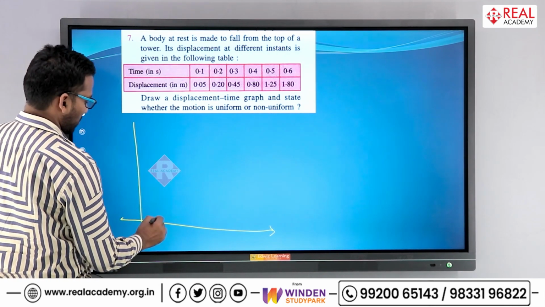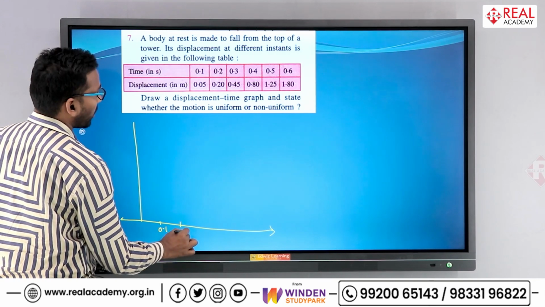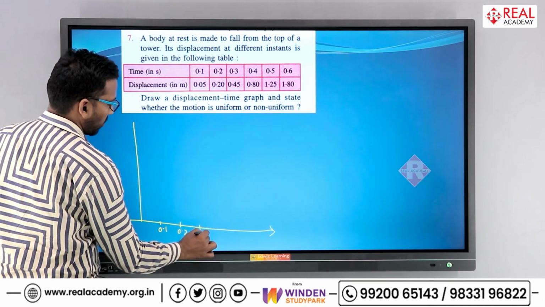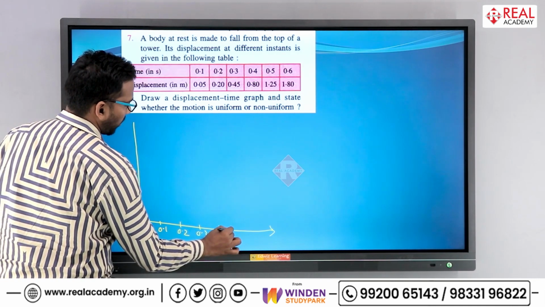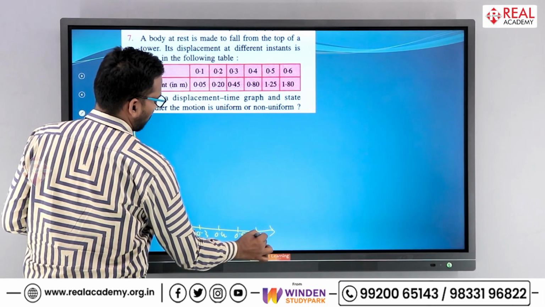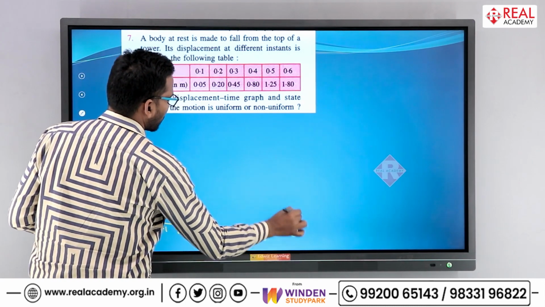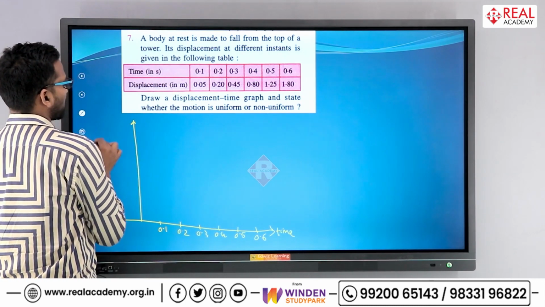Time in seconds. First we will take 0.1 second, second we will take 0.2 second, 0.3, 0.4, 0.5 and 0.6. Okay. So this is the time versus displacement.